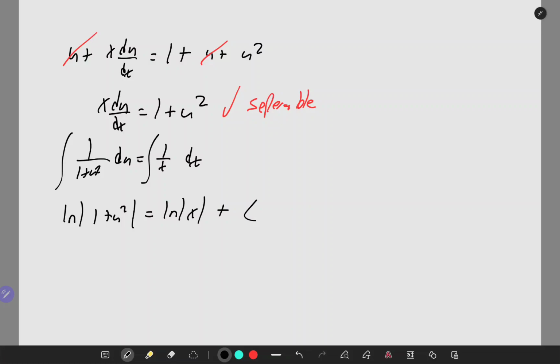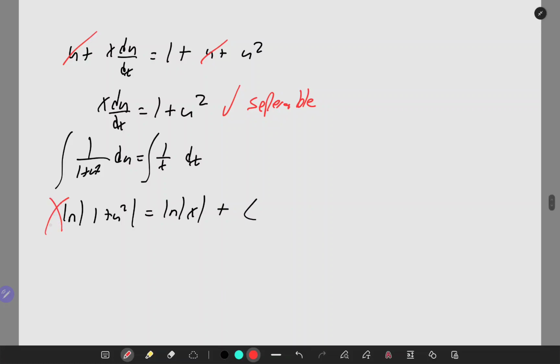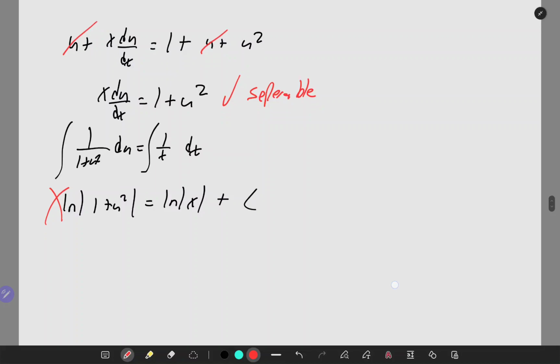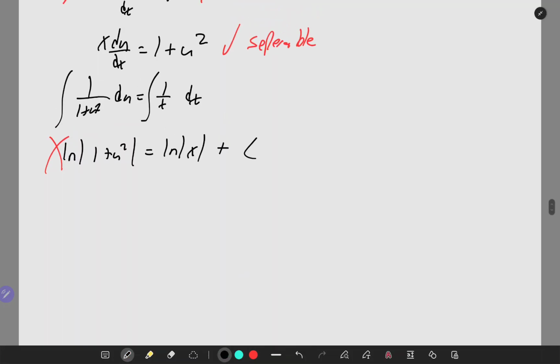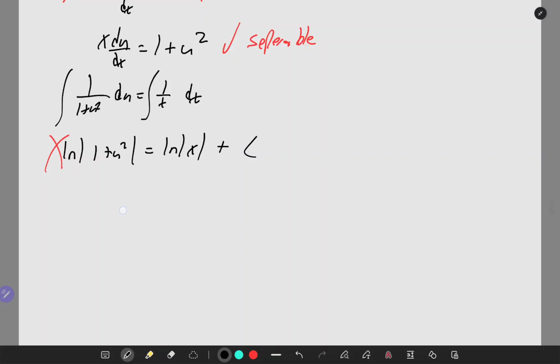Now, wait a minute. I've made a very common mistake. Right here, this is not correct. The integral of 1 over 1 plus u squared is the inverse tangent.